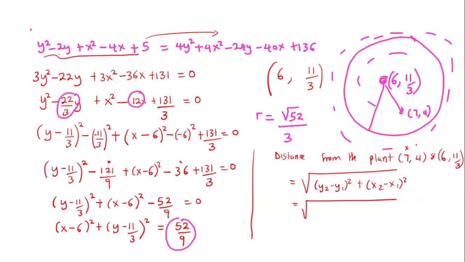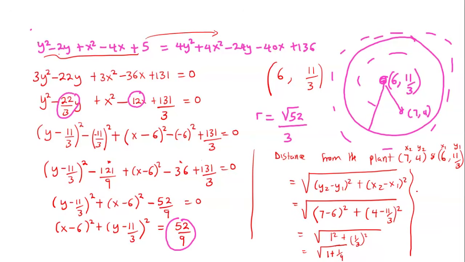So here I'll have 7 minus 6 squared, plus 4 minus 11/3 squared. This is 1 squared plus 1/3 squared, so we shall have the root of 1 plus 1/9.